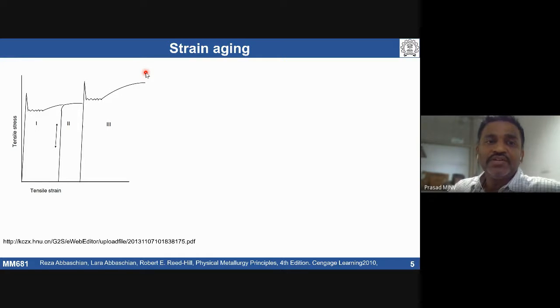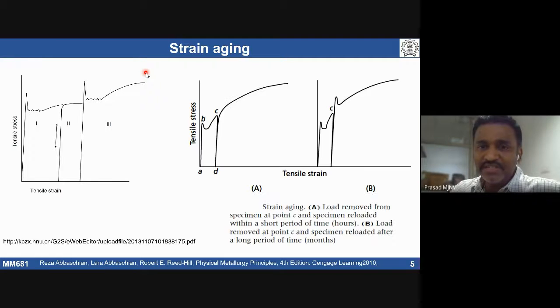Is it clear what I'm talking about? The same thing, in a slightly different schematic. If you reload immediately after the initial yield point phenomenon, when a small amount of plastic deformation has taken place, I don't see yield point phenomenon. However, if I hold the specimen for a long time after unloading, at a certain temperature, that can lead to reappearance of the yield point phenomenon.